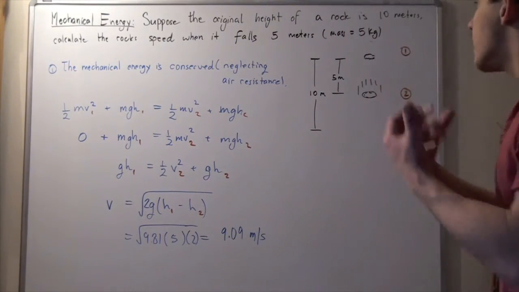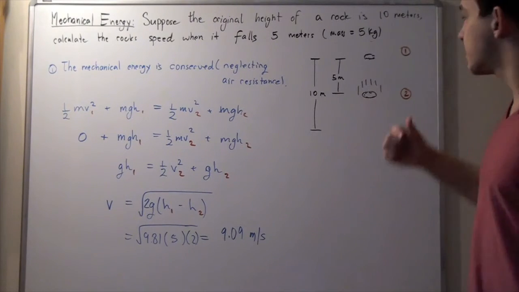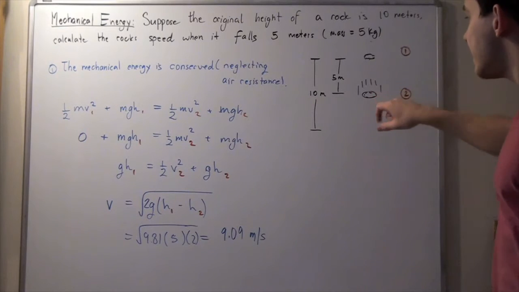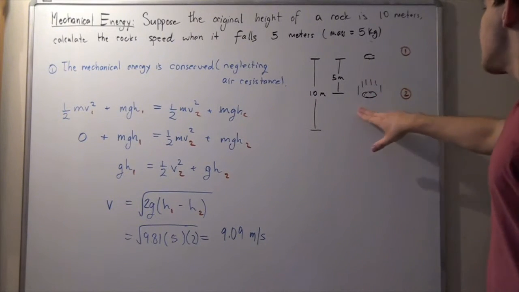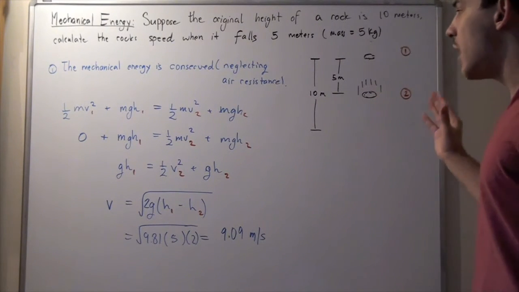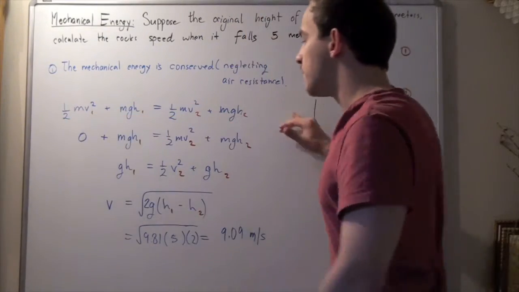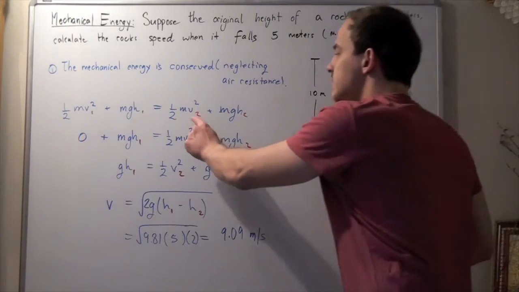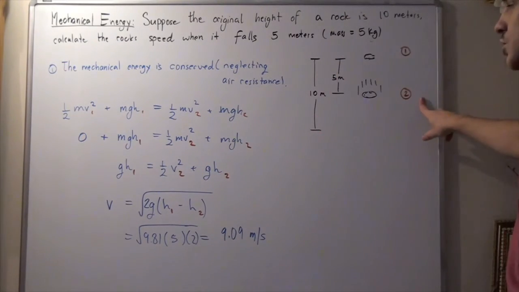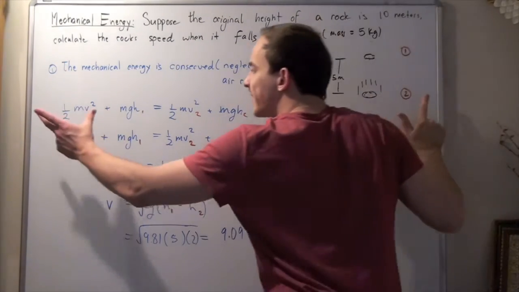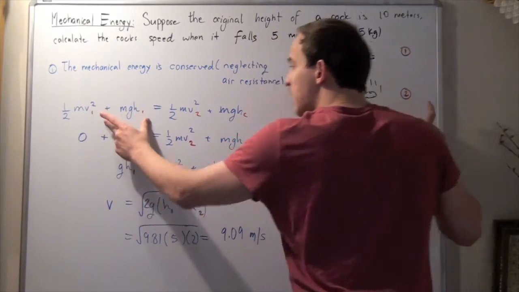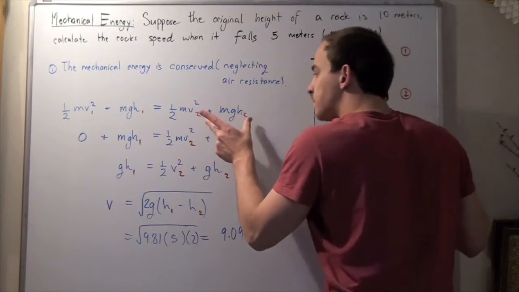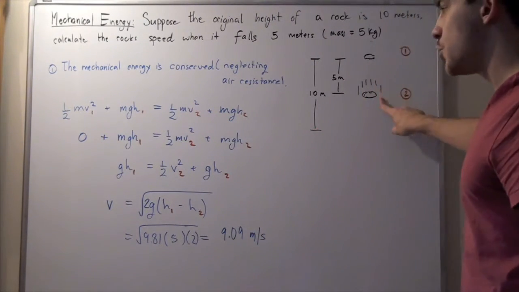So if we add up the kinetic energy plus the potential energy at point 1, that equals the kinetic energy and the potential energy at point 2, which can be expressed using the following formula, where these 1's simply mean position 1 and these 2's simply mean position 2. So the sum of kinetic energy plus potential energy at point 1 is equal to the sum of kinetic energy and potential energy at point 2.